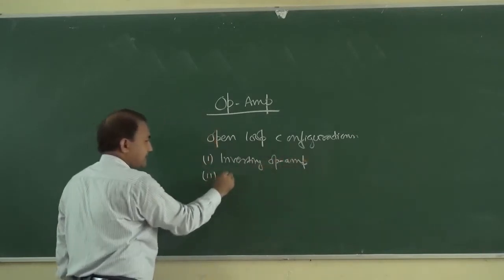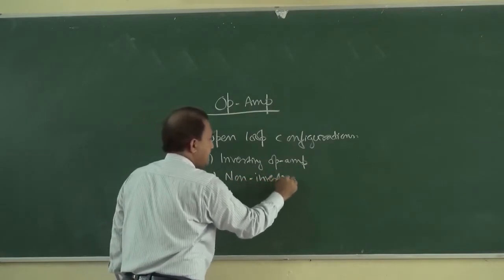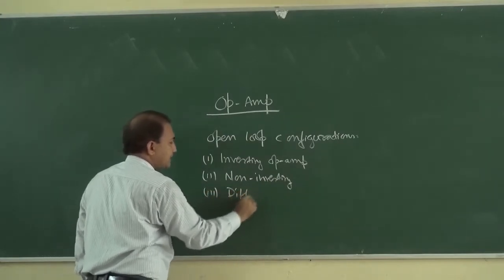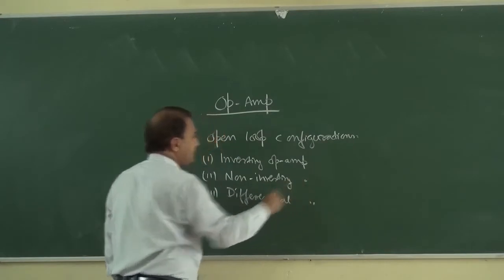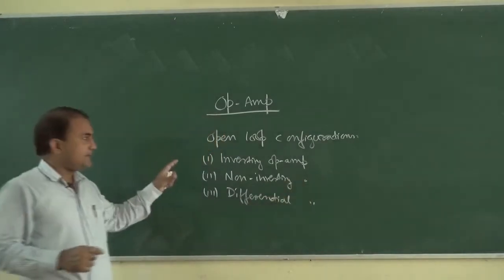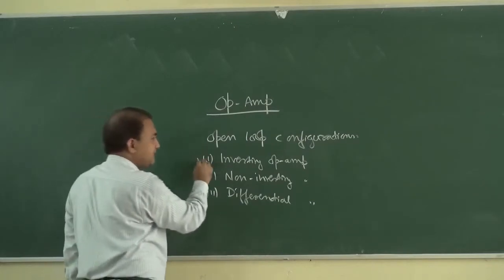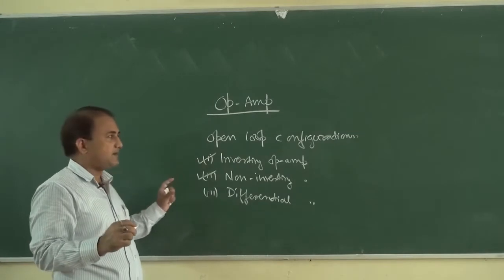Second one is non-inverting, and the third one is differential operational amplifier. Okay, so we have seen the open loop configuration in operational amplifier. First is inverting, second one is non-inverting, and the third one is differential amplifier.